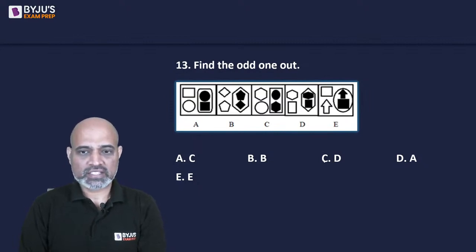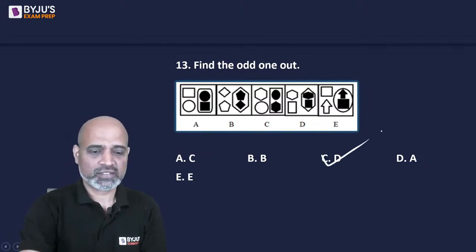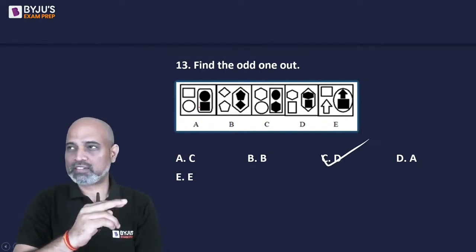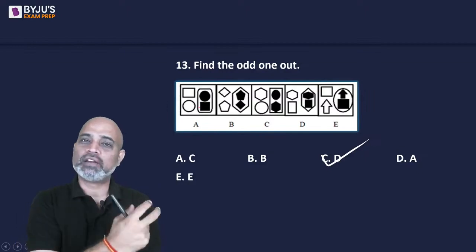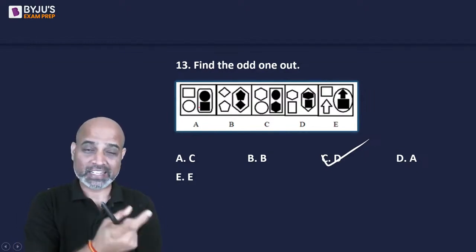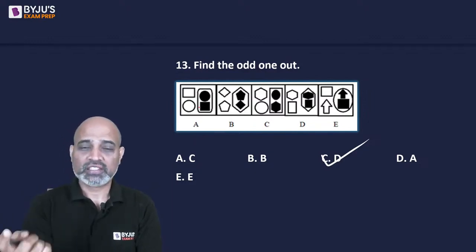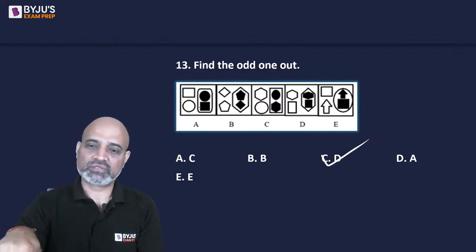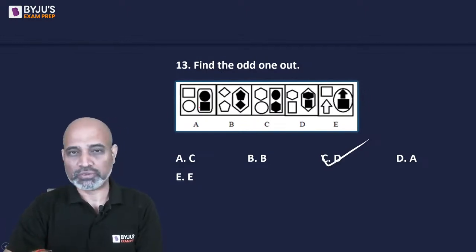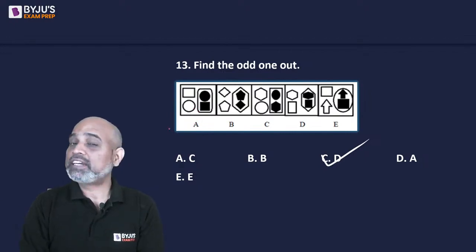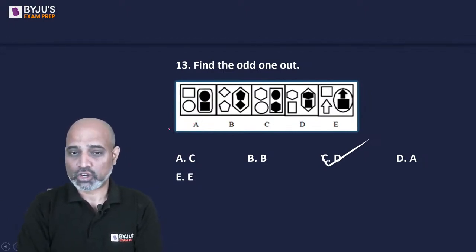So the answer is going to be the one that says D, as in option C. So what is happening? You have got two figures, as in there are 4 overall. One pair of figures is white in color, the other pair is black in color, as in the shaded ones. The shaded ones are inside a circle or a rounded square or a hexagon. The left hand side figures are the white colored, non-shaded ones.